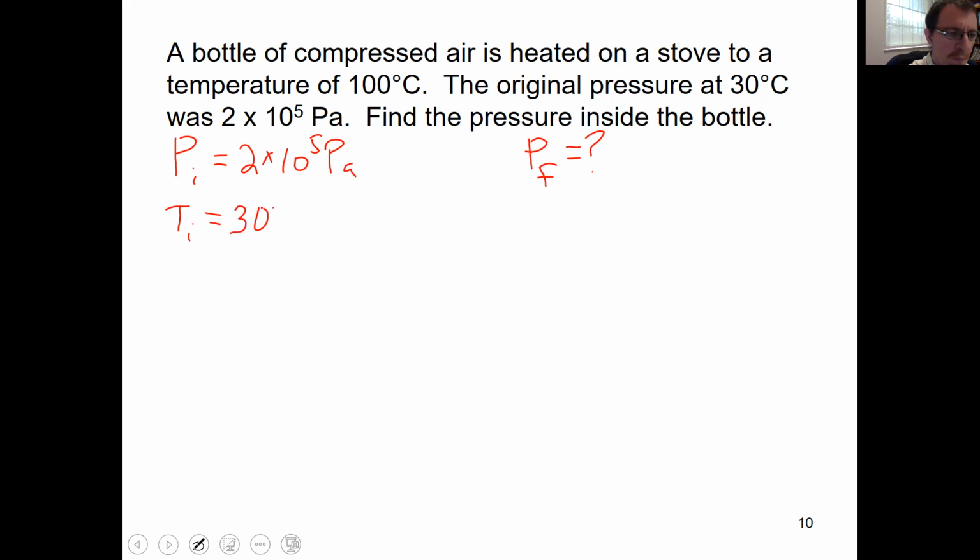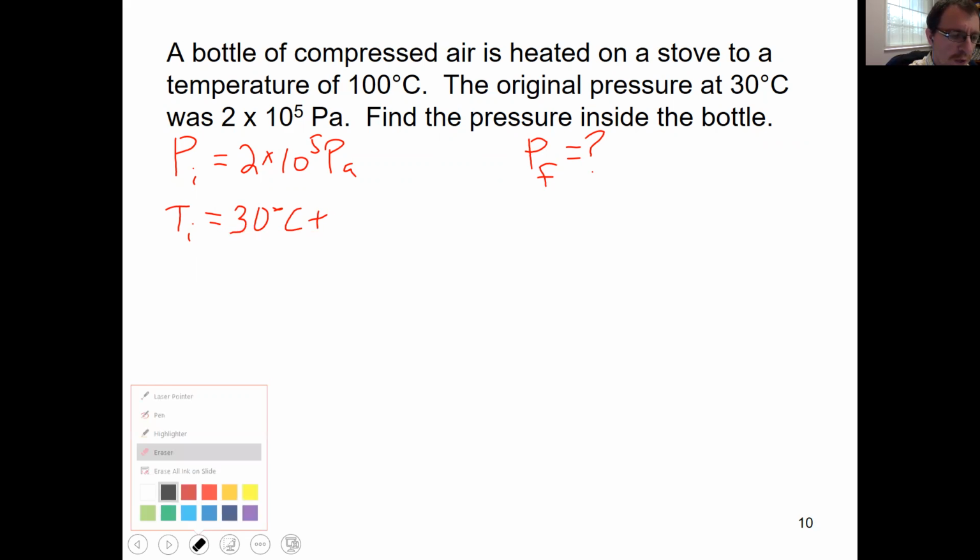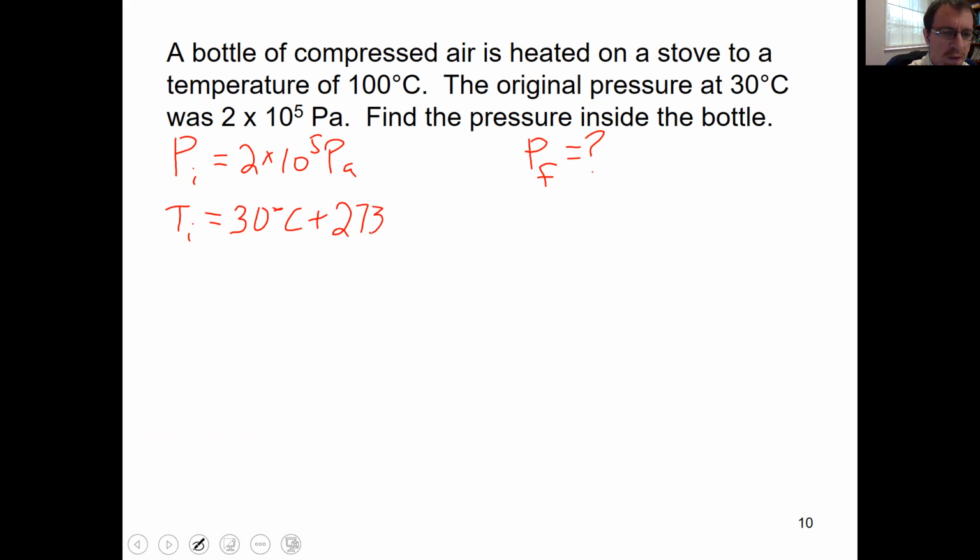Of course, we can't operate in Celsius when we're dealing with ideal gas law stuff. We have to operate in Kelvin. So we have to do the little conversion there, add 273 to that to get our temperature in Kelvin. That's 303 Kelvin.